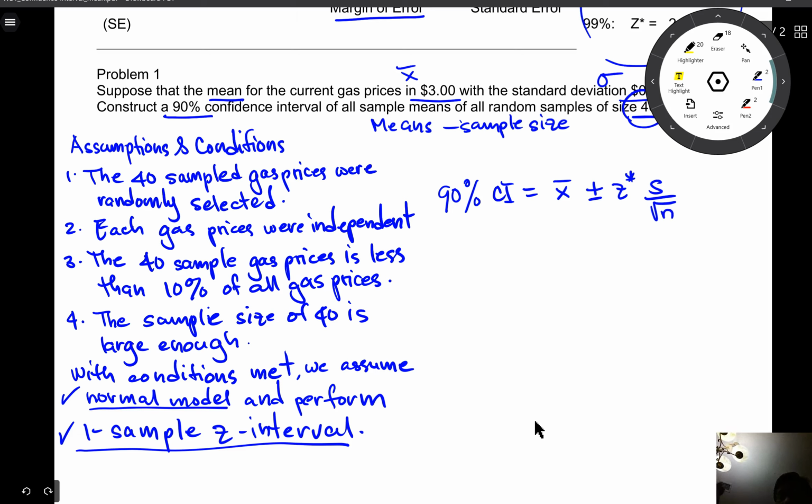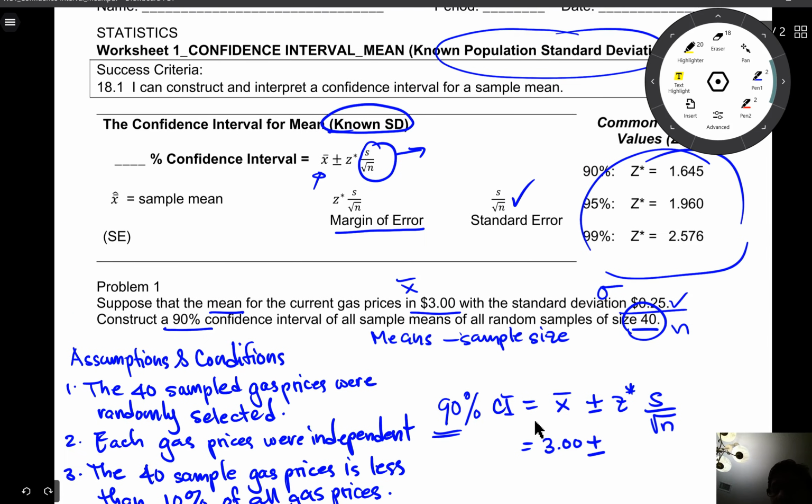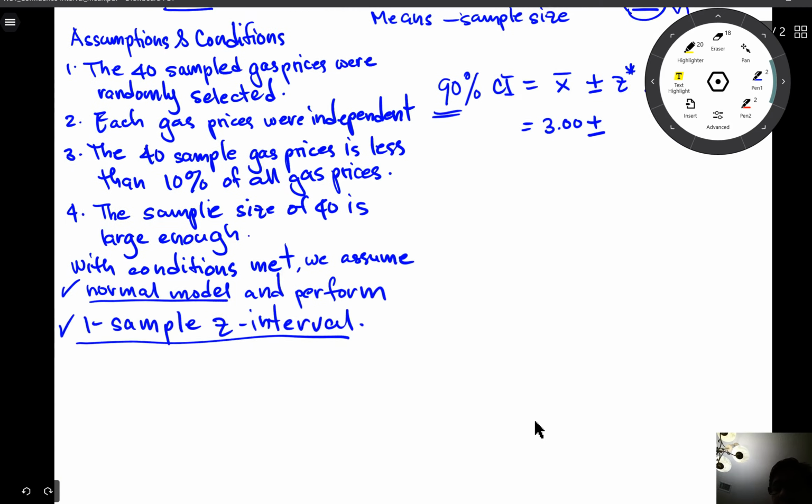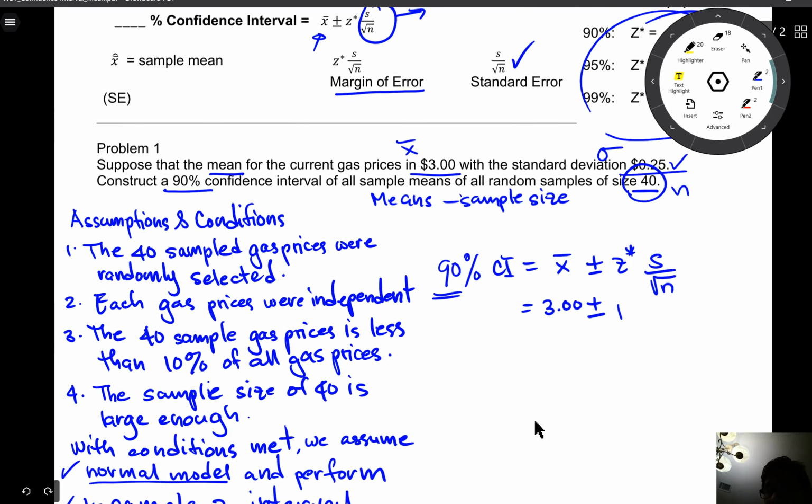So we just plug in values. x bar is given as 3 plus or minus, this is 90%, so we look at 90%, it's 1.645, times the standard deviation s, which is given also, 0.25, and our n is 40, divided by square root of 40.